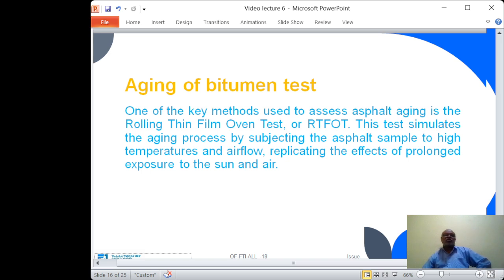Through the RTFOT test, researchers can measure changes in the asphalt's physical properties, such as stiffness, viscosity, and durability. These measures provide valuable insight into the aging effect on the overall quality of the asphalt.